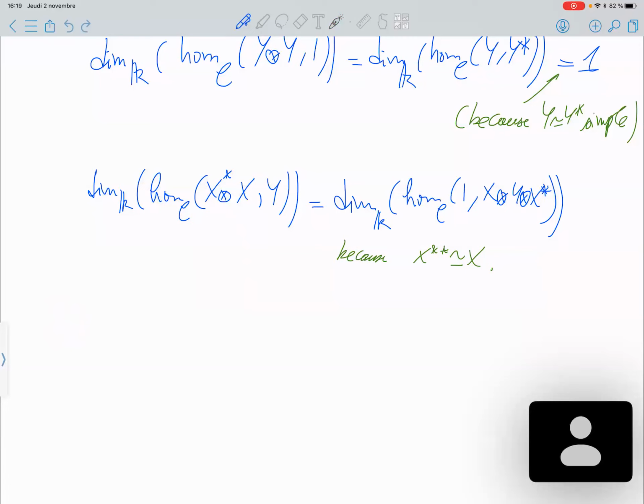Let me check something. 3.2. Fusion category, bilinear form. So I should write bilinear map here. If I want to be coherent with my notation, for 3.2, I should say bilinear map because I did not assume the End of 1 to be equal to the field. So I should fix that.